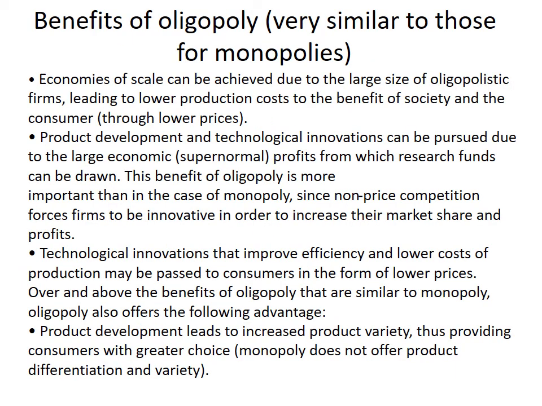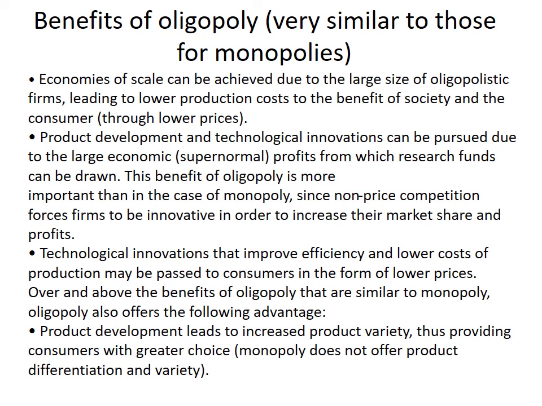Benefits, though. Economies of scale can be achieved due to the large size of oligopolistic firms, leading to lower production costs to the benefit of society and consumers, so they may end up charging lower prices. Product development and technological innovations can be pursued due to the larger economic or supernormal profits from which research funds can be drawn.